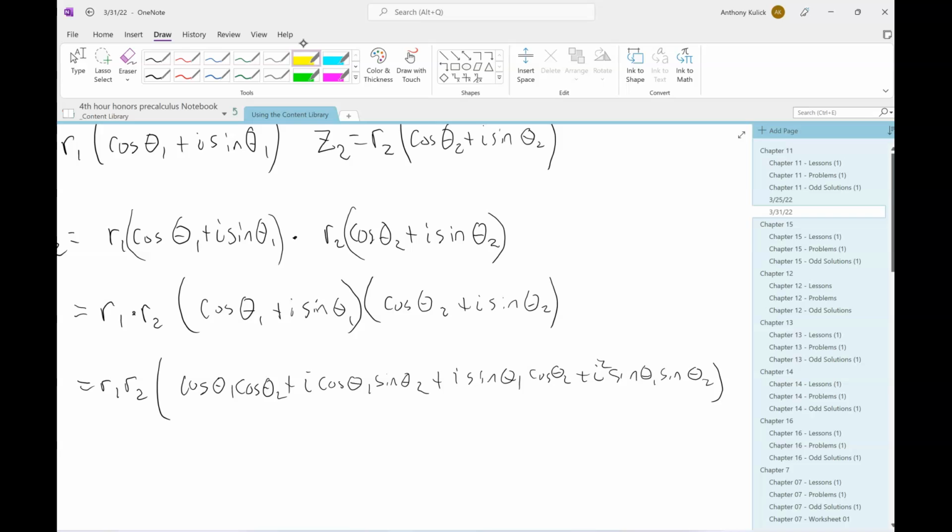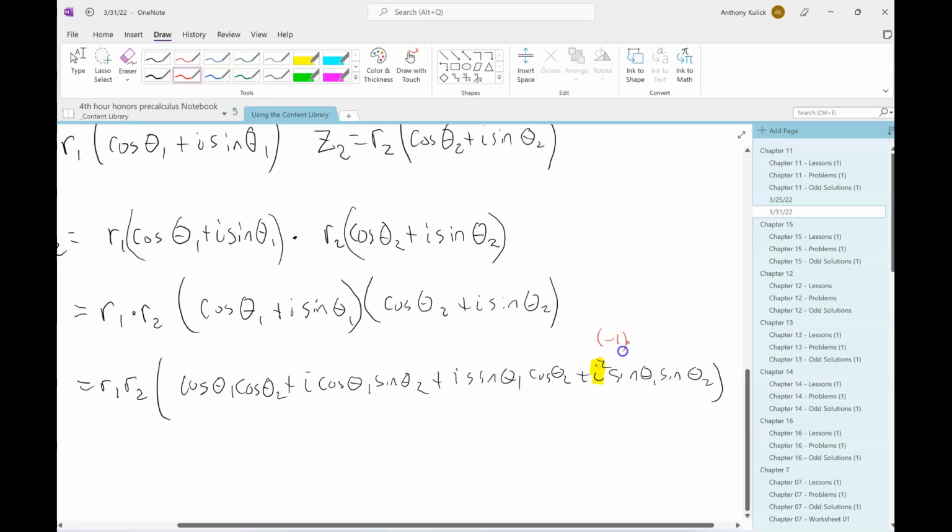Yowzers, Mr. Kulik. Well, don't panic. So remember, i squared, what's that the same as? Negative 1. So what I'm going to do is regroup these things together.